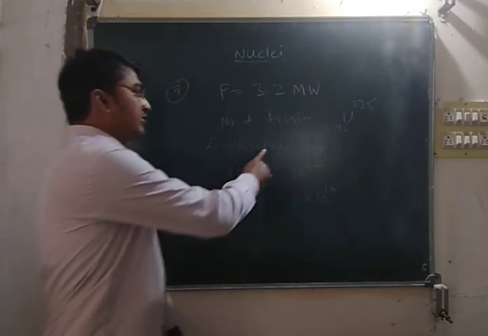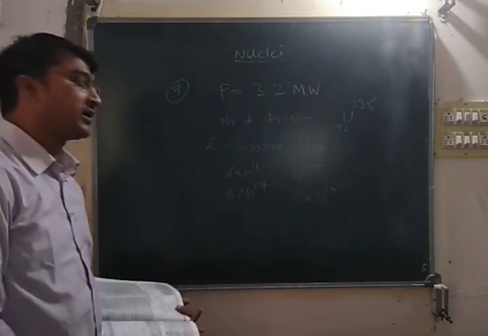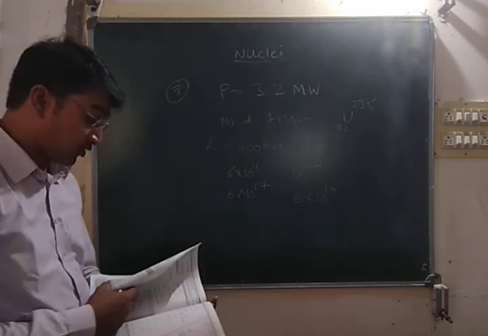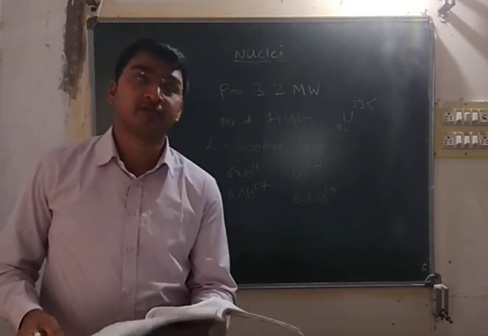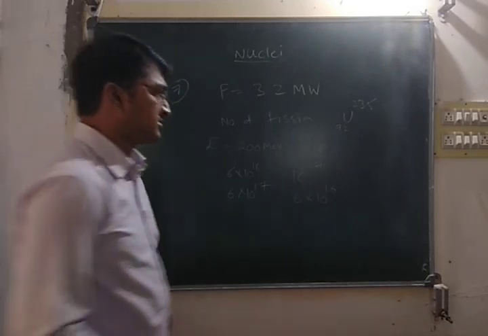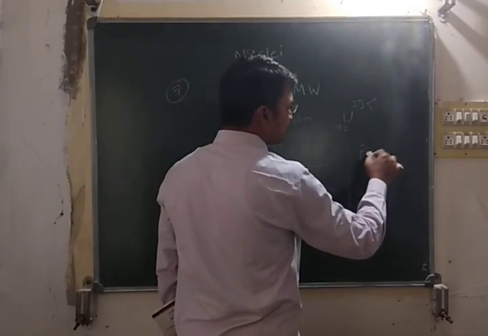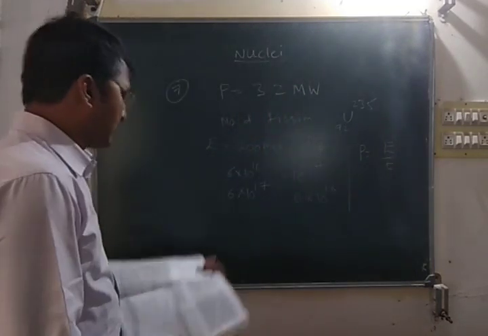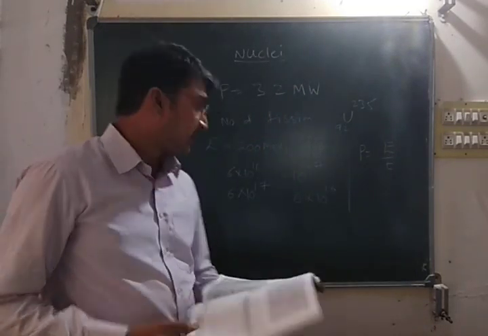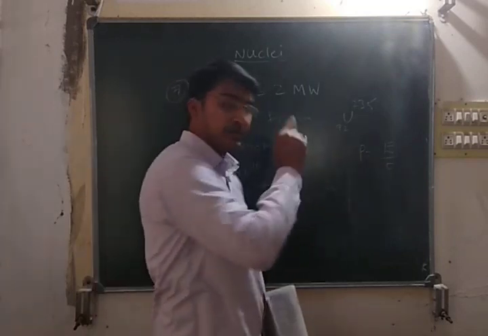You know that energy we can convert into joules by multiplying with 1.6 into 10 to the power of minus 19. To generate the power, how do we find the power? The general formula of power is energy divided by time, so energy per minute, if t is equal to 1 minute.